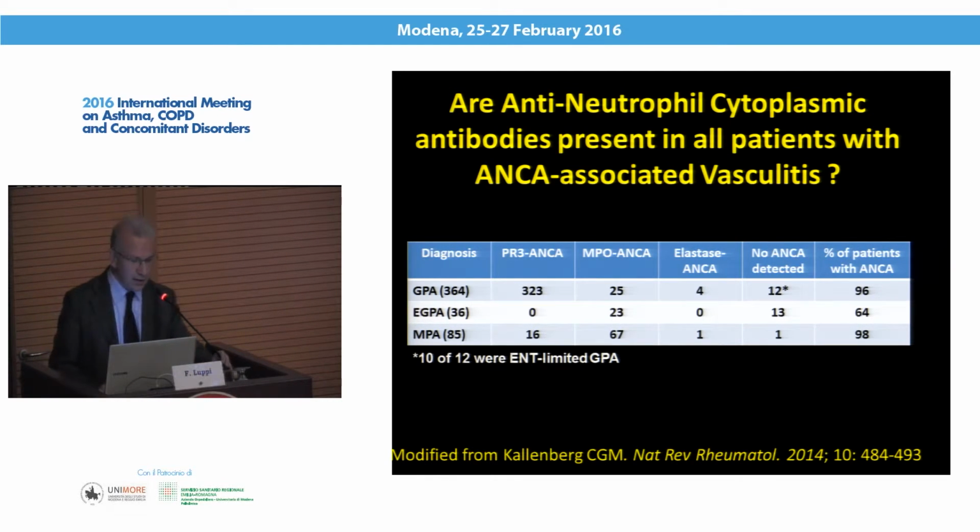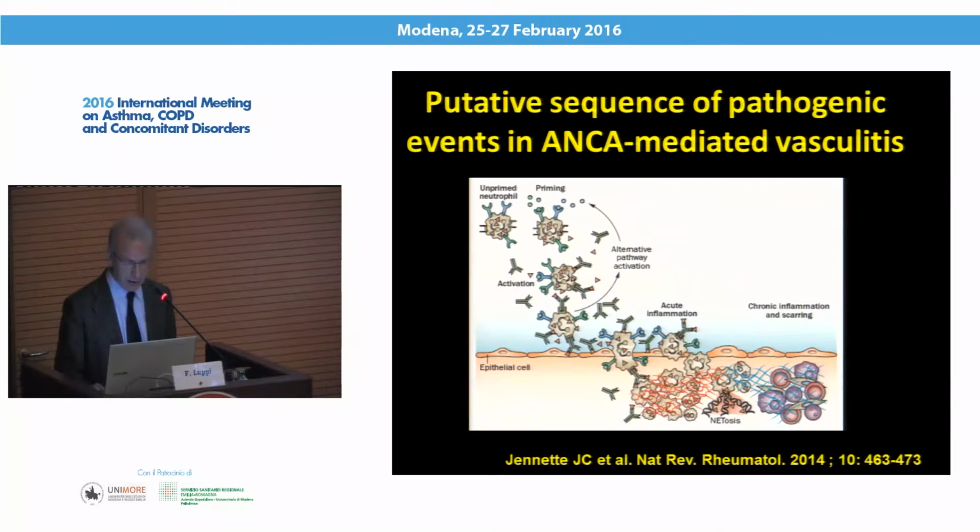Nowadays, it has been used to divide eosinophilic granulomatosis with polyangiitis into ANCA positive and negative as two different phenotypes of disease, but till now without any difference in treatment. We know nowadays that ANCA are also involved in the pathogenesis of the disease.